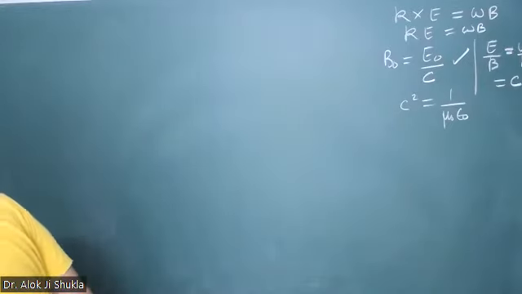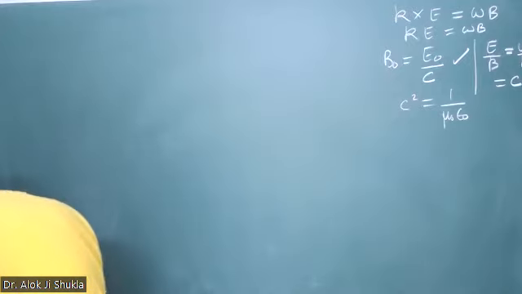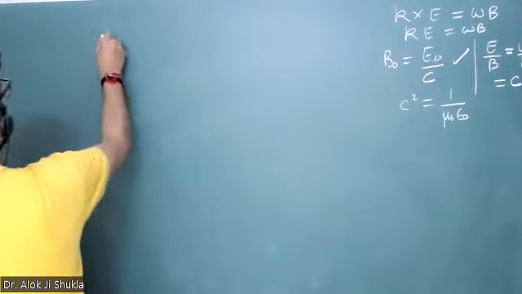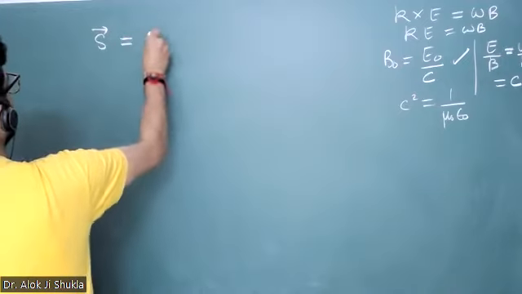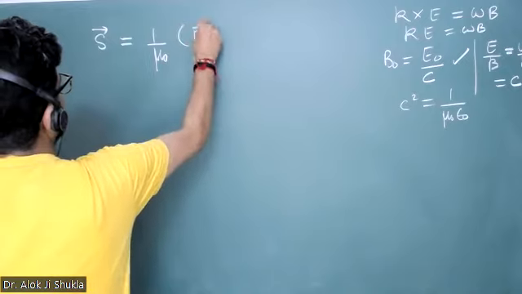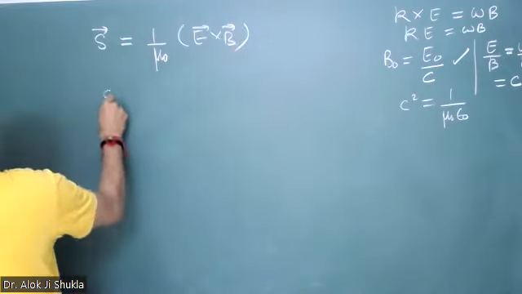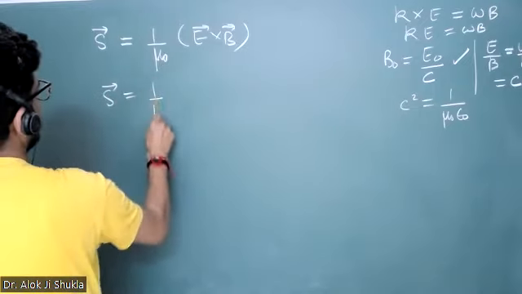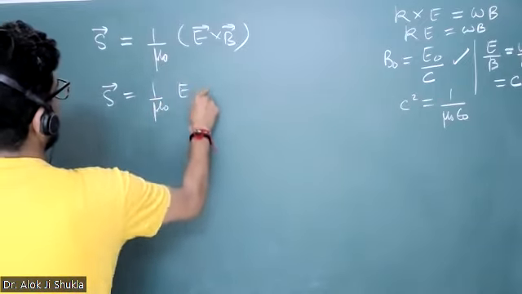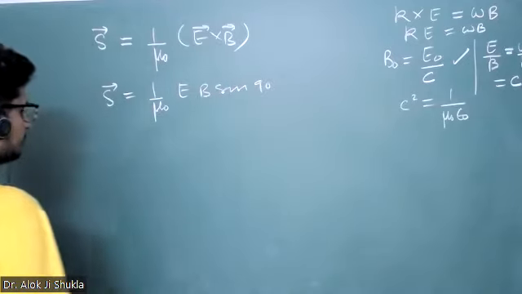Now let us calculate the energy corresponding to the Poynting vector. So S, the Poynting vector, is 1 by mu naught E cross B. So this S will be 1 by mu naught EB sine 90.